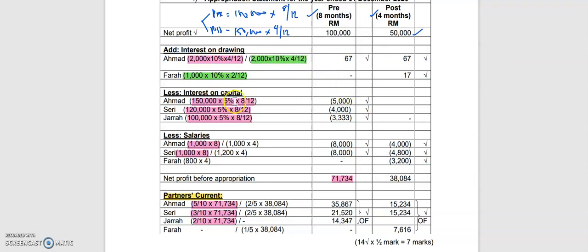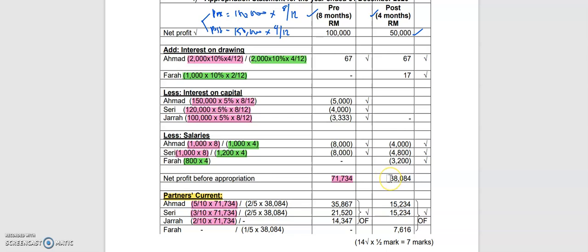Okay, for interest on capital, there will be no interest on capital to be given based on the new agreement. But salary, we still continue giving the salary, but we use different rate. So Ahmad will get 1,000 per month, Seri 1,200, and Farah will get 800, times 4 months.